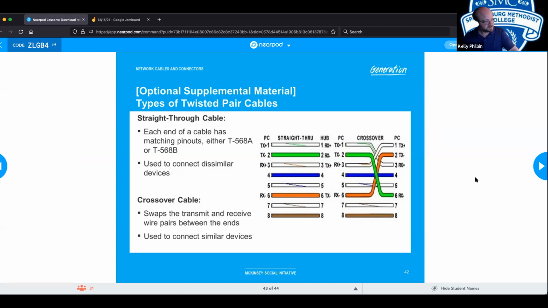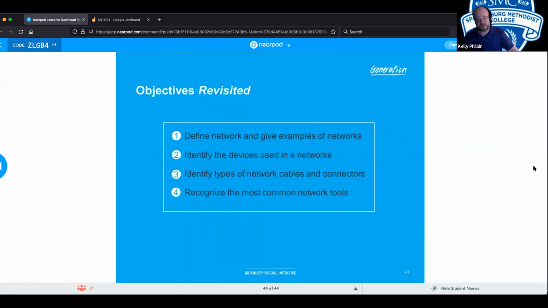All right. So with this, we should now be able to define a network and give examples of networks: rings, buses, stars, mesh, hybrid. We should be able to identify devices used in the networks: hubs, routers, switches, bridges, gateways, firewalls.